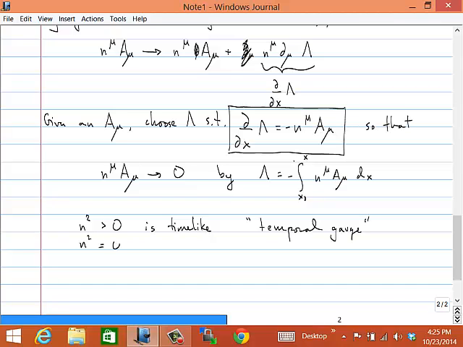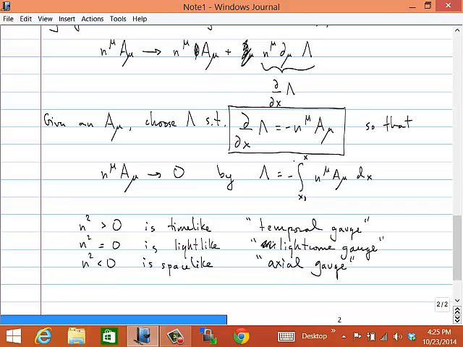If n squared is equal to 0, that is to say if n points in a light-like direction, then this is known as null gauge, or light cone gauge. And if n squared is less than 0, so that this is some sort of space-like vector, then this is known as axial gauge.